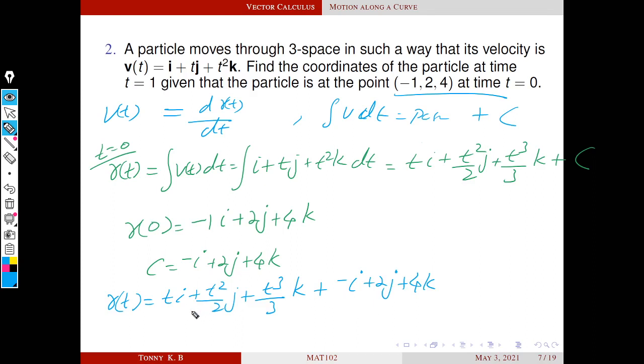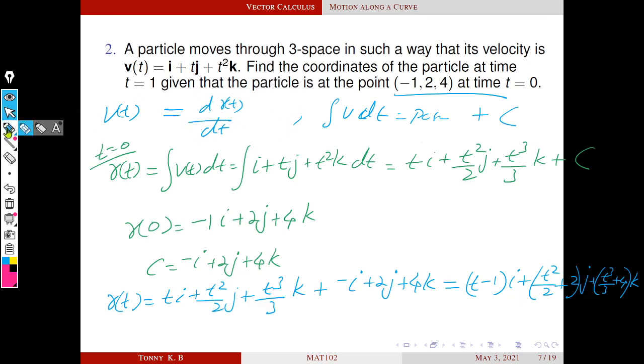Comparing the terms containing i, j and k, this becomes t minus 1 i, plus t square by 2 plus 2 times j, plus t cube by 3 plus 4 times k. So this is the position vector of the particle.